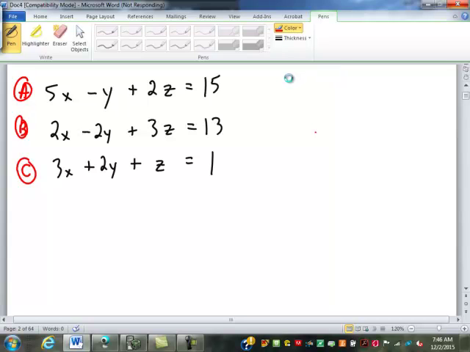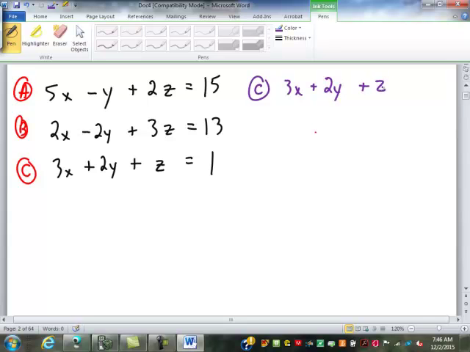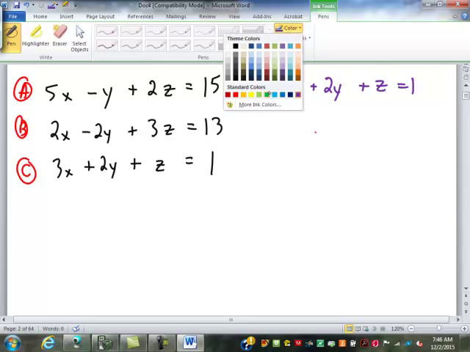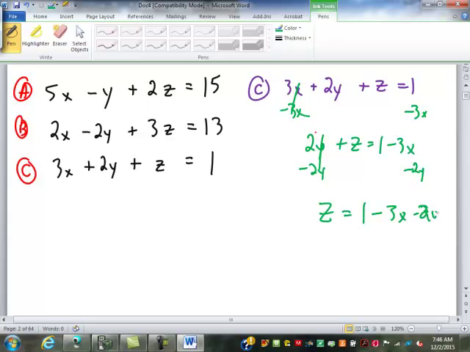So in equation C, I am going to subtract 3x, get 2y plus z equals 1 minus 3x. Then I'm going to subtract 2y. Get z equals 1 minus 3x minus 2y.